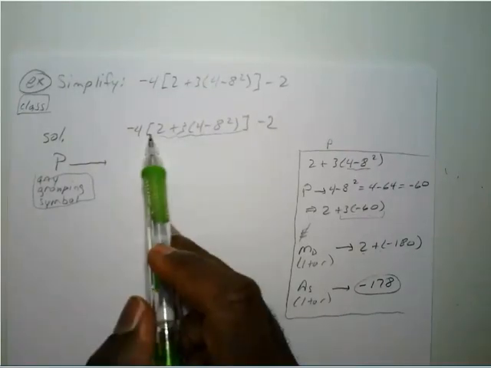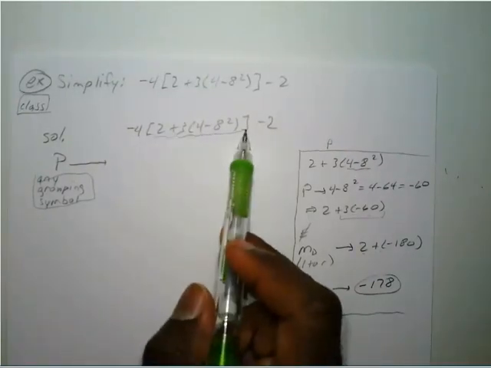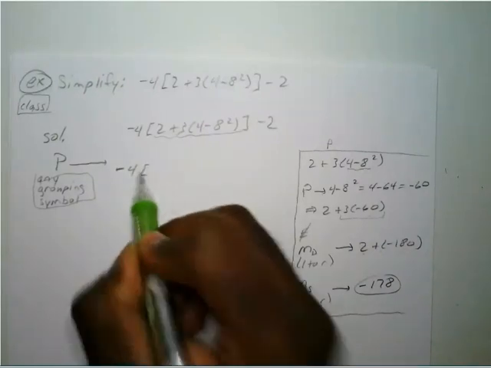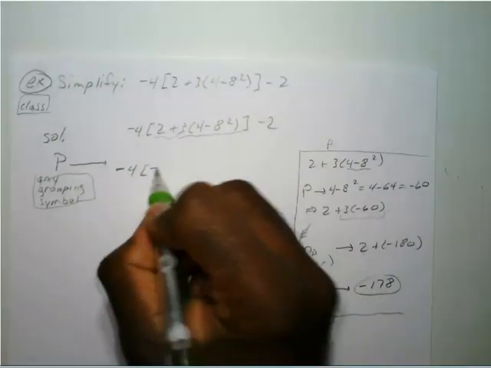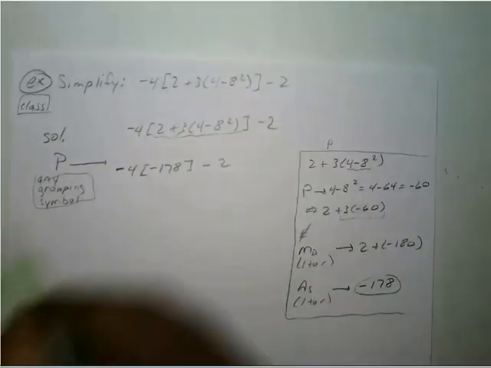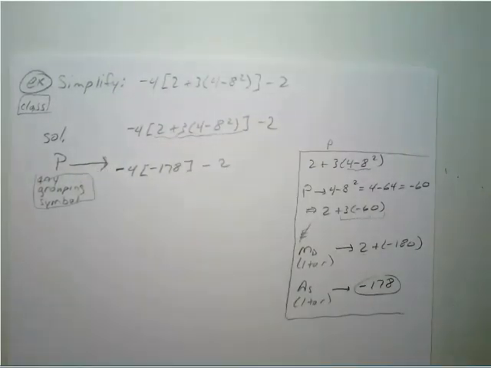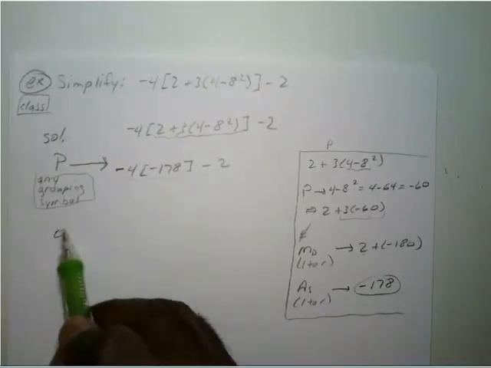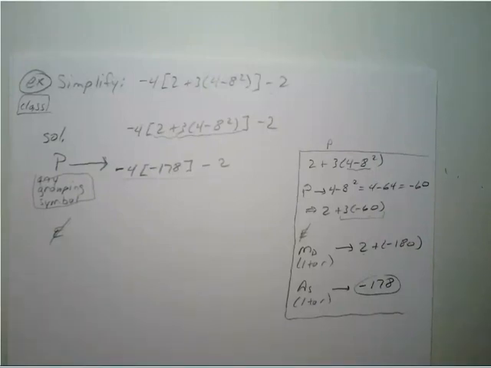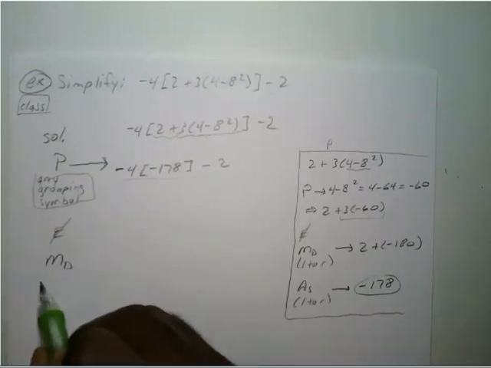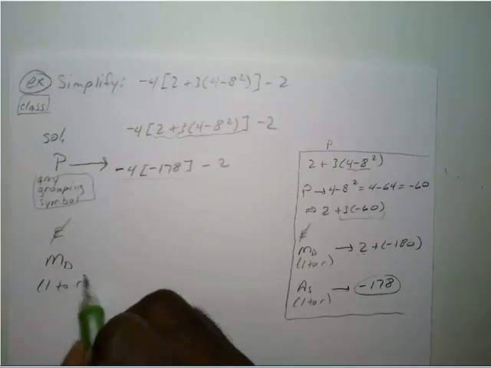Okay, so everything in here simplifies to negative 4 times negative 178 minus 2. Going from here, we notice we don't have any exponents, so we can skip that part. You have your multiplication and division from left to right.